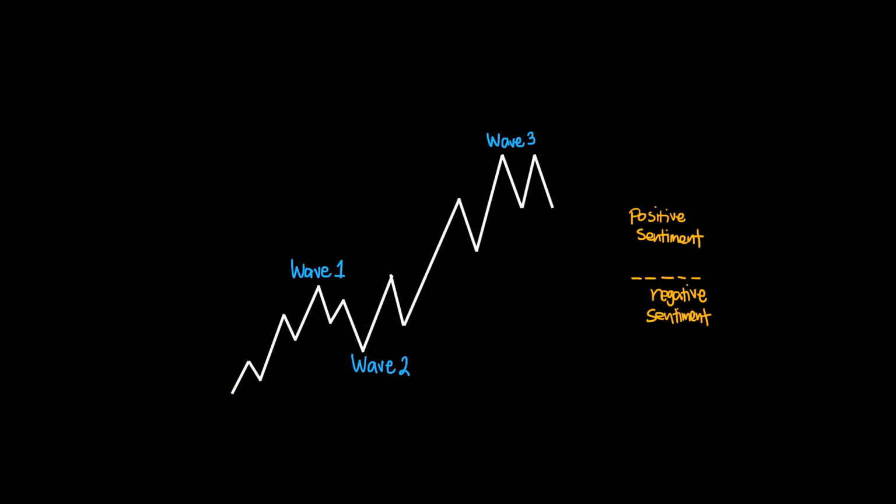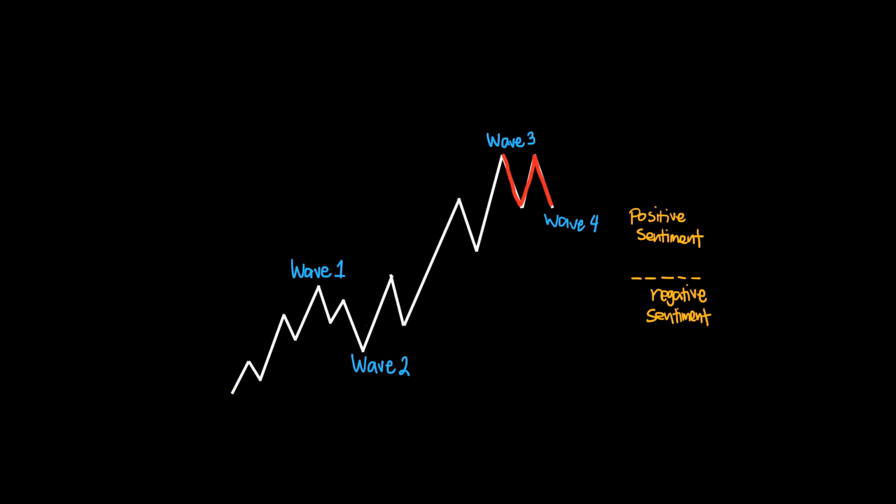After wave 3, we now enter wave 4, which is simply defined as the last base before prices make one last surge going higher, which typically ends the overall up move.